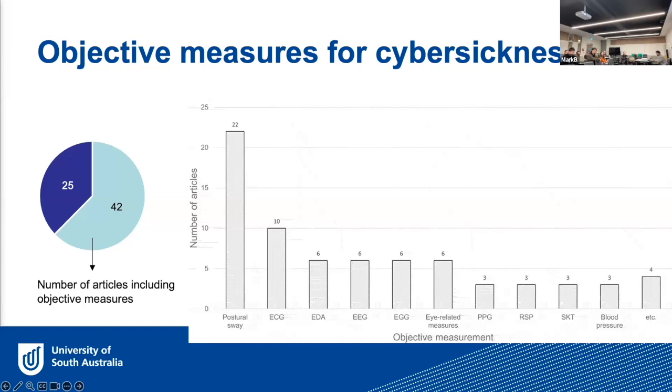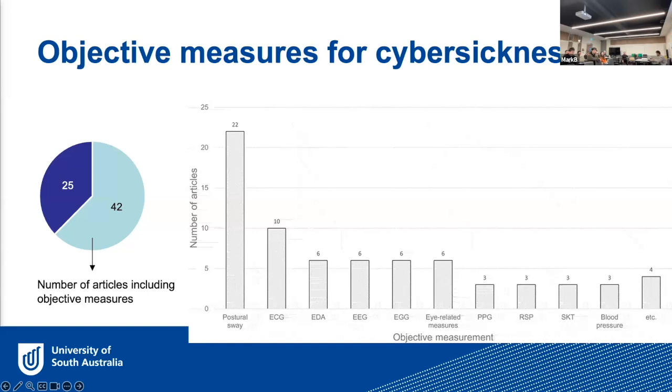Most Bayesian research usually measures the participant's body sway, because it is the kind of index that if the person really experiences the Bayesian perception, then they tend to move their body.